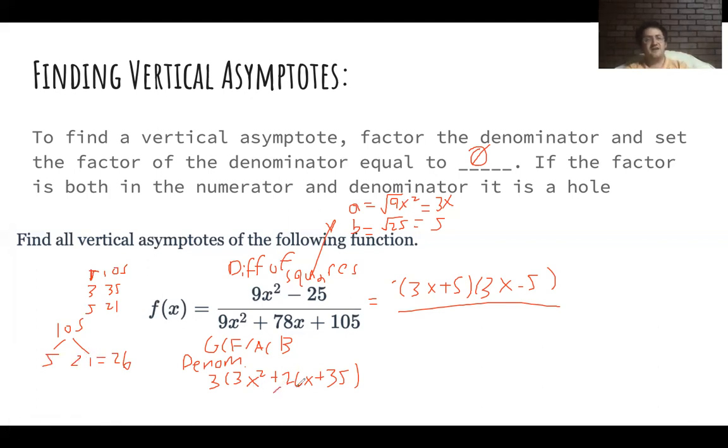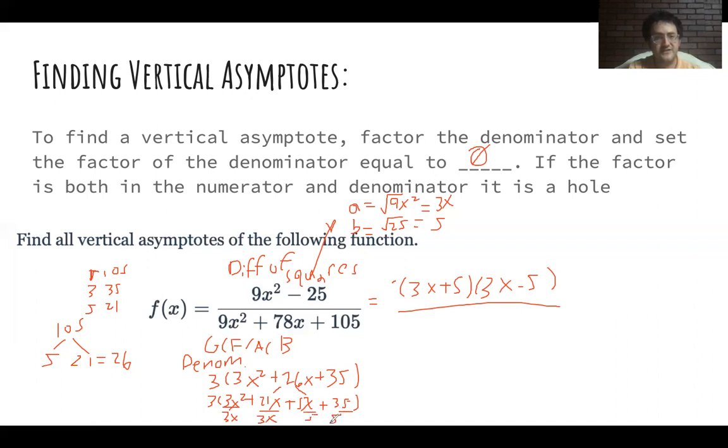So when I do that, I get 9x squared plus 21x plus 5x plus 35. And I can group these, so I could pull out a 3x and a 5.